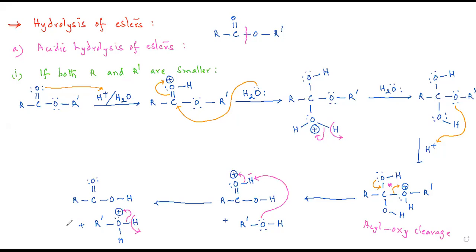So finally you get R dash OH. So the important point with regard to this is this. So when both R and R dash are smaller, acyl oxy cleavage occurs. This is the first case.